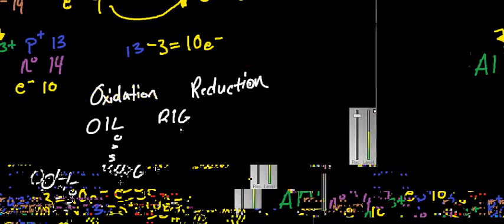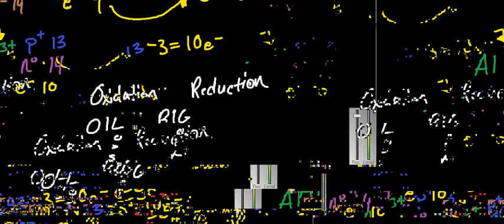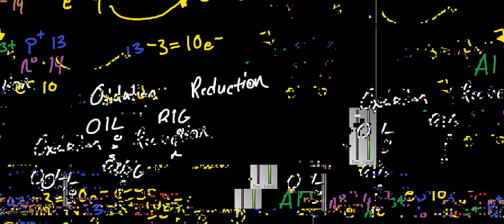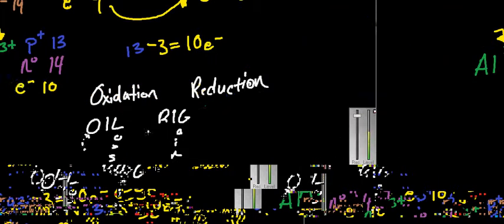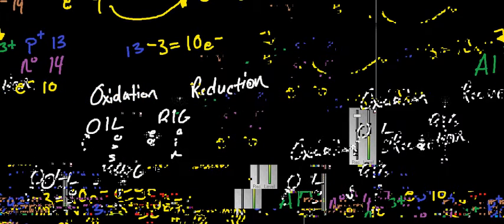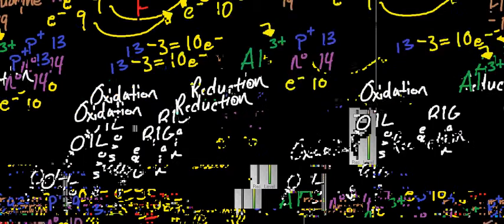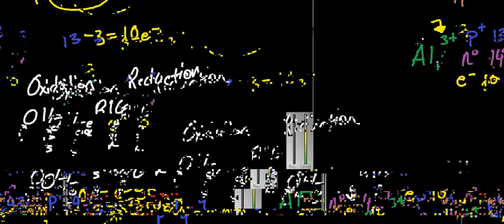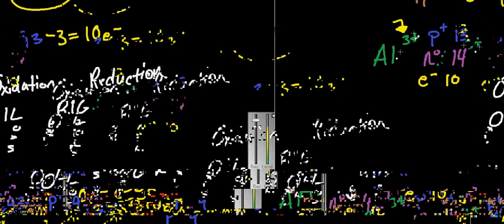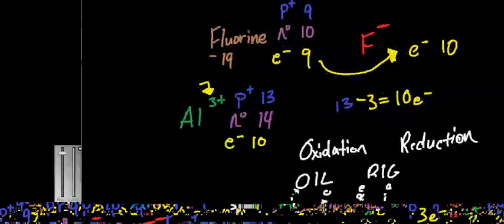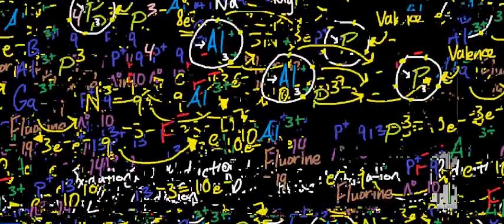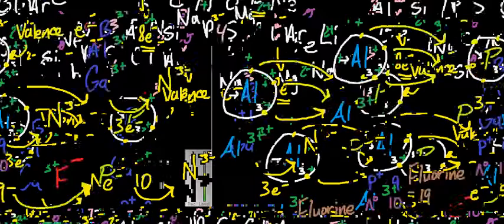Oxidation is a loss of electrons, whereas reduction is a gain of electrons. So Al3 plus must have undergone an oxidation reaction to get to be a 3 plus ion. So that's the basis of ions.